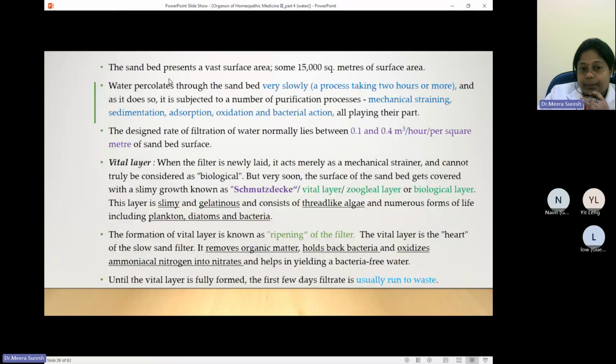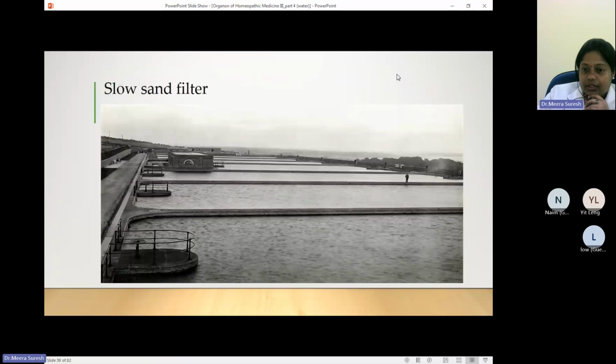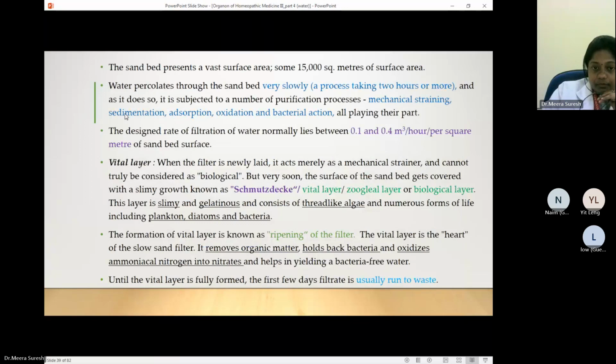So the sand bed presents a vast surface area, some 15,000 square meters, as seen in this picture. The water will be slowly percolating, and every kind of purification or filtration happens when it passes through that much big area.